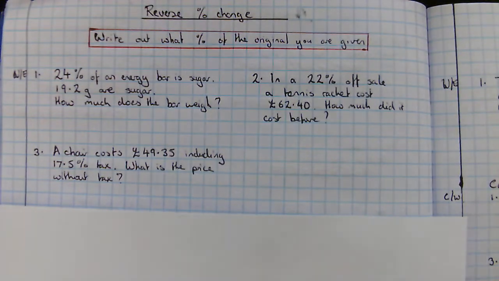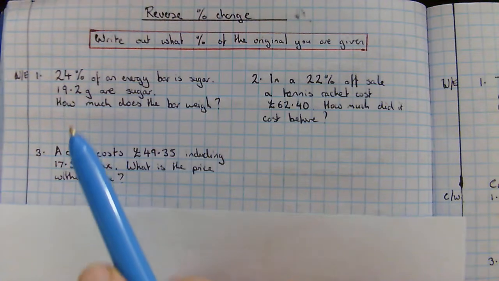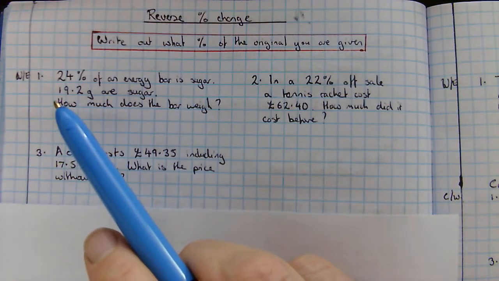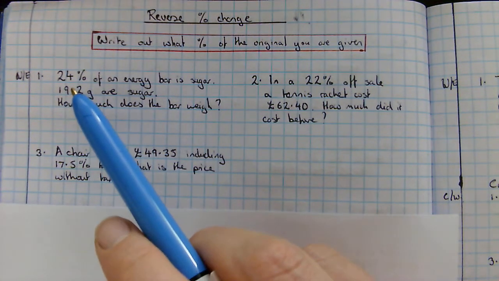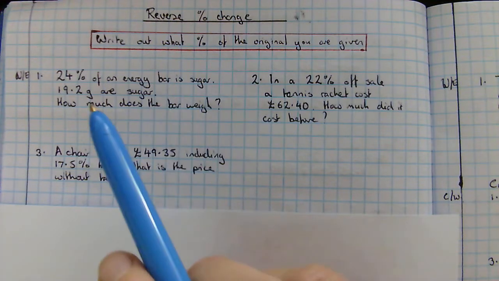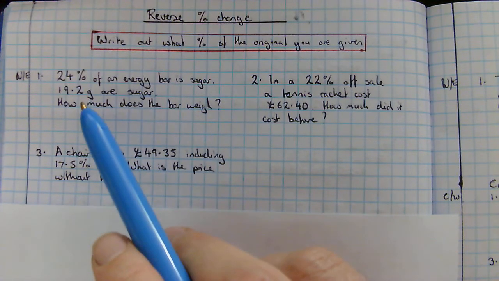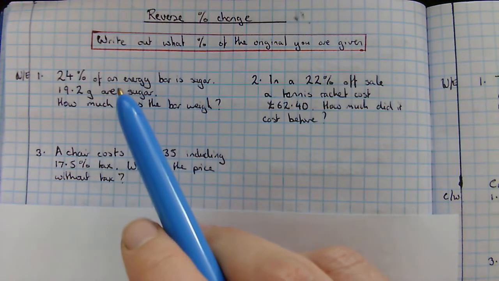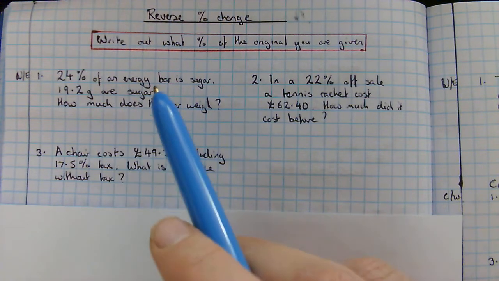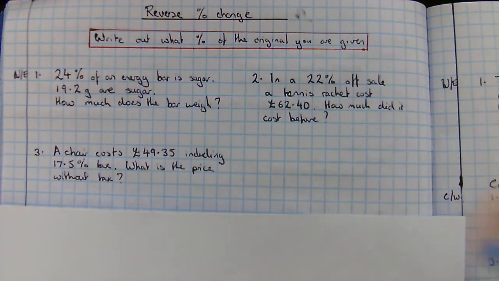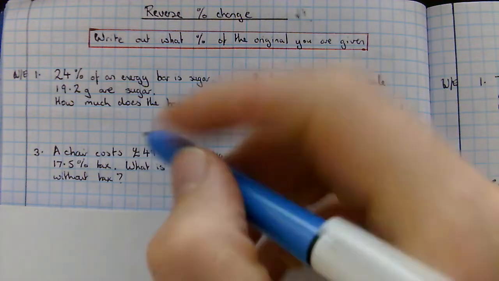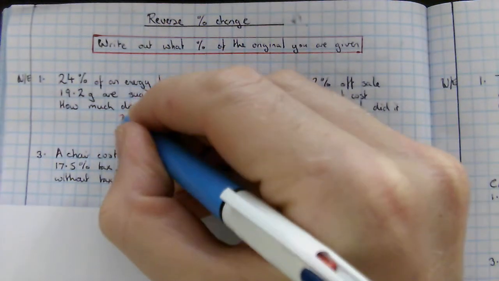So we're going to start with a relatively easy example. You're told on the back of an energy bar that it is 24% sugar. You're also told that there's 19.2 grams of sugar. You need to work out how much the bar weighs. So what we're going to do is start by equating our 24%.